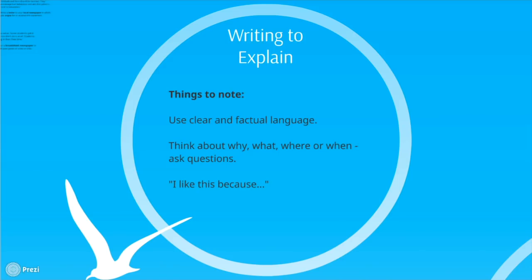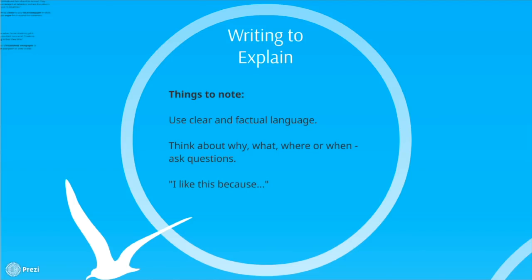So you would list your argument, your reasoning, okay? You need to then explain why, okay? So if you have a writing to explain, you've got to think, why do I feel that way? So using clear and factual language helps make it clear to the examiner that you are writing to explain.